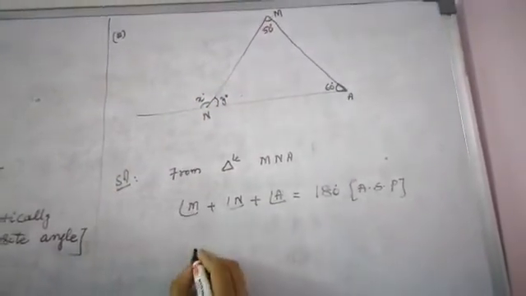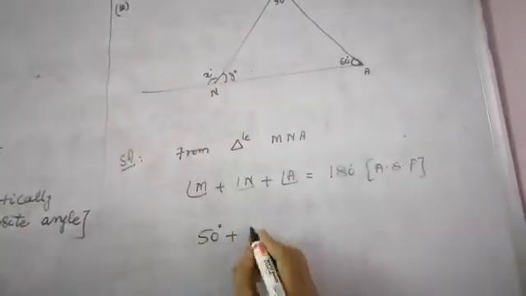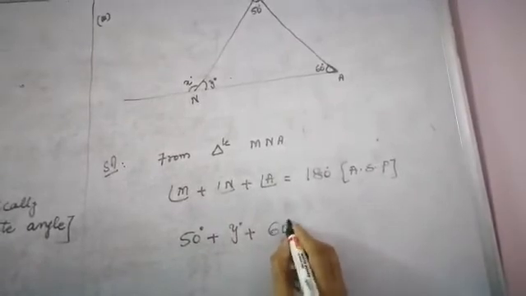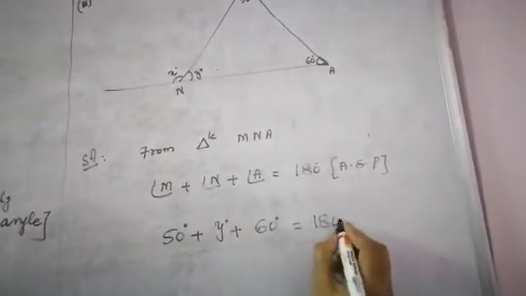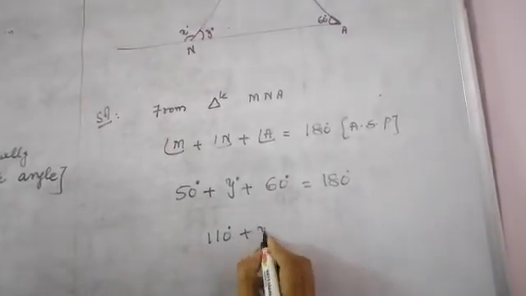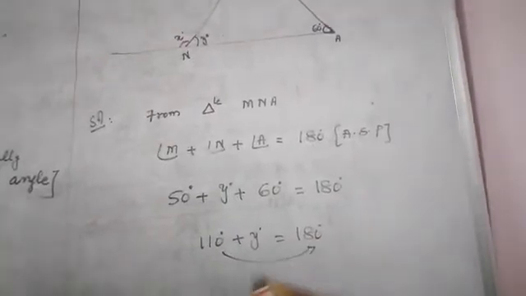So angle M is how much, children? 50 degrees. Angle N is y degrees plus angle A is 60 degrees is equal to 180 degrees. How much? 110 degrees plus y is equal to 180 degrees. Send this 110 to that side.